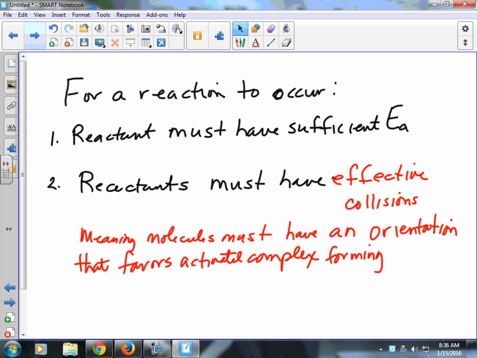The individual reactant molecules, number one, have to have sufficient energy to achieve the transition state, the activated complex, and number two, they've got to have an orientation that provides an effective collision. If a molecule does not have those two things, it won't react. Okay?